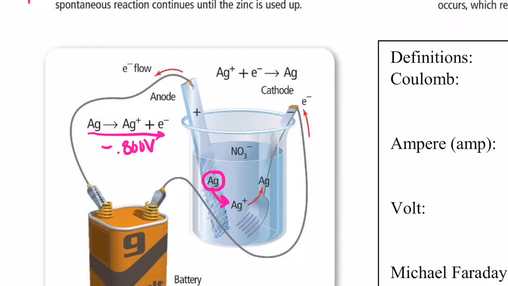So we're going to have to pull electrons away from that silver electrode, and then deposit them onto the utensil that we're plating. The silver ions that we've produced will now gain an electron and become silver metal and deposit themselves on that fork.